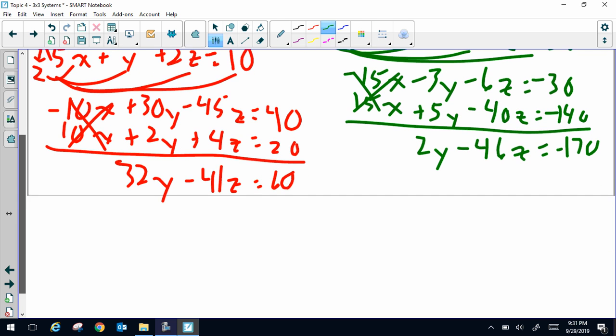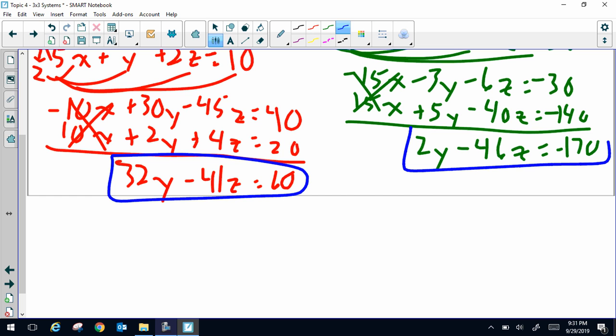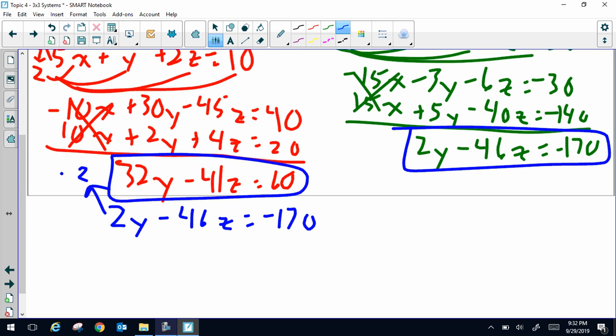you're going to take these two equations right here and do a 2 by 2 system with them. So I'm going to just throw this underneath here, save some space. The 2 is going to come up, change its sign. The 32 is going to come down. We're going to multiply through.